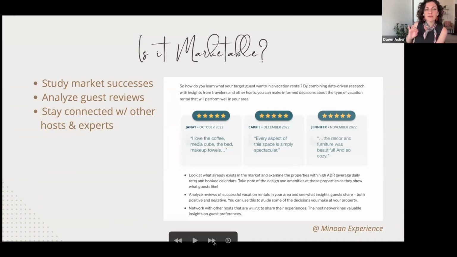You want to study the market successes. You want to analyze guest reviews. I mean, just scour guest reviews from other listings that you see in that area. See what they're pointing out, see the details that matter to them. And then you want to stay connected with other hosts and experts. This is why we say you want to build a team.